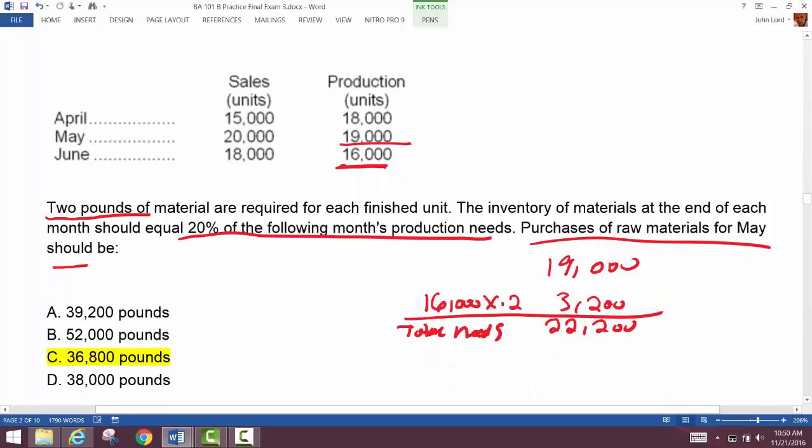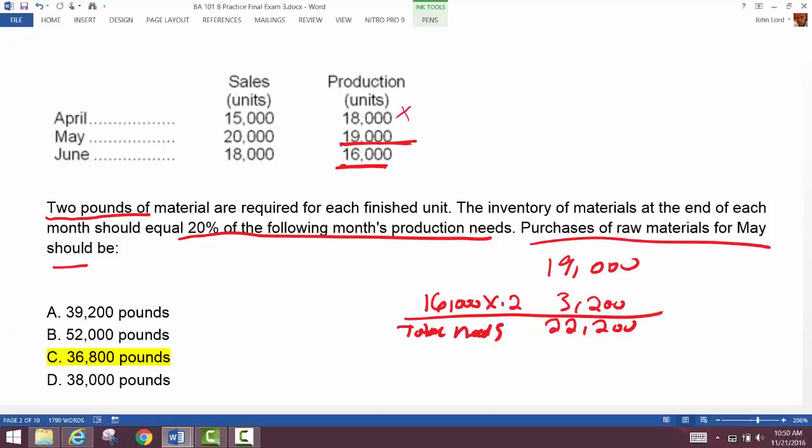Okay, good. And then I would have started the month with what? Of May with 20% of what I needed for the month. And this is a common mistake, guys. Be careful. Don't pick up that 16,000. That's not what I started this month with. I start my month with what I need for this month, right? Not what I needed to start next month.